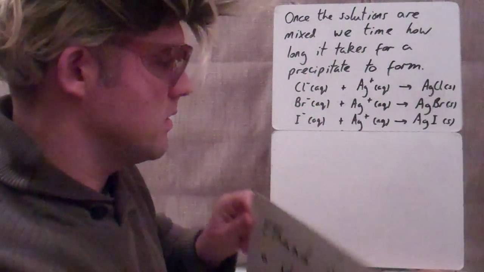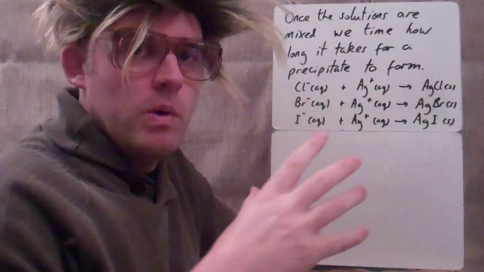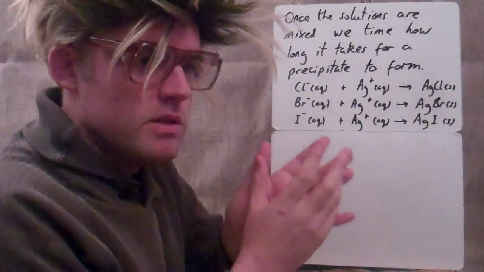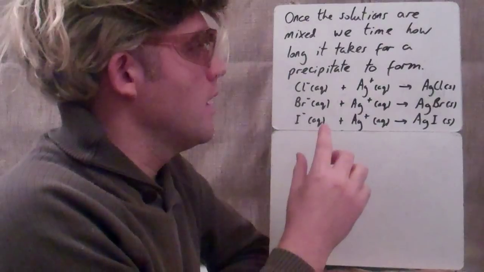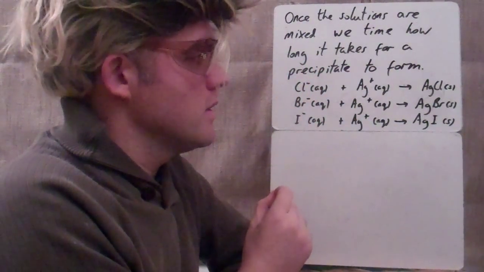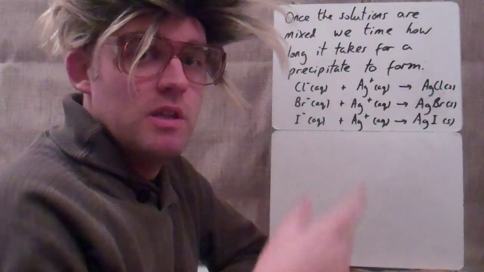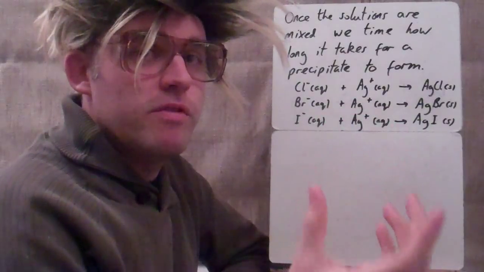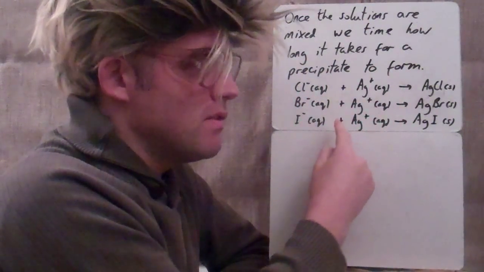Okay, so once we've got our solutions in there, we've got our silver nitrate, and we've got our halogenoalkane and ethanol, all at 50 degrees. We mix them together, okay, and we time how long it takes for a precipitate to form. So in each reaction a halide ion will be formed, because in the substitution reaction the halogen is removed to make a halide ion, and in each case, because there's silver nitrate in there, it will react with the silver ion to make a precipitate.